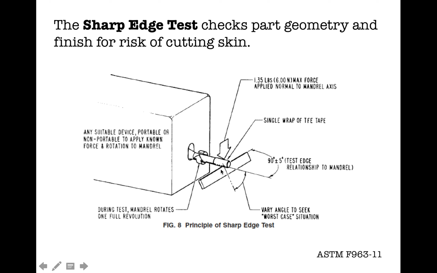And then you move your part up and touch the spinning mandrel with your part and try to cut off the Teflon tape. So you have to push with about 1.5 pounds, push your part up against this spinning Teflon tape with 1.5 pounds. If it cuts the tape, your part has a sharp edge. So it needs to pass this test.